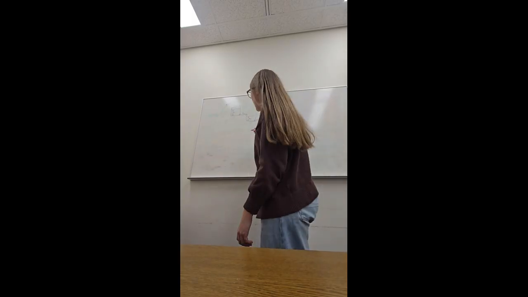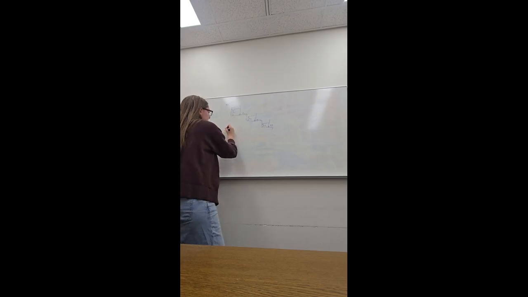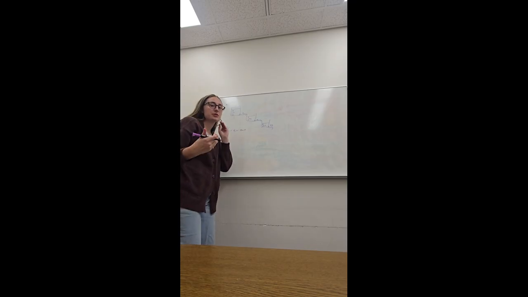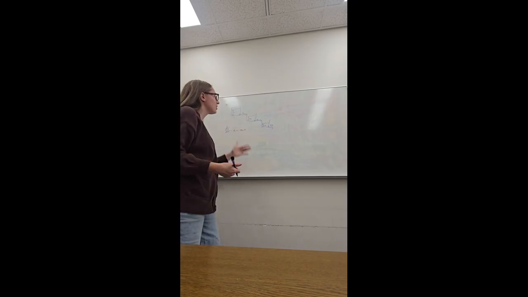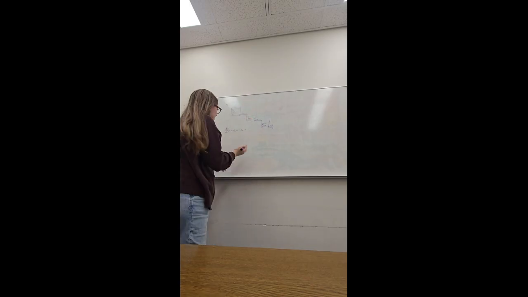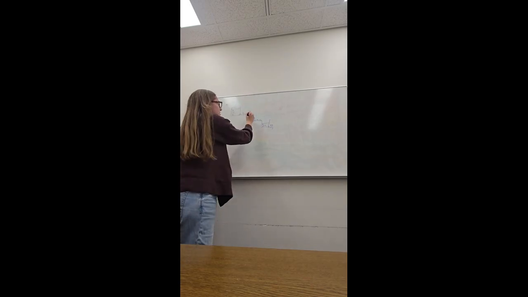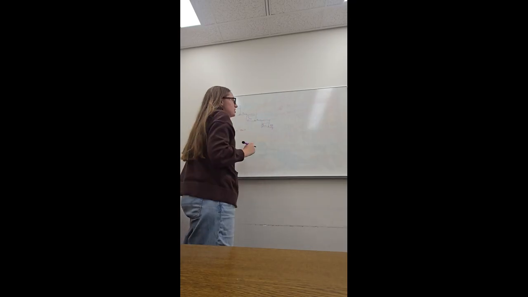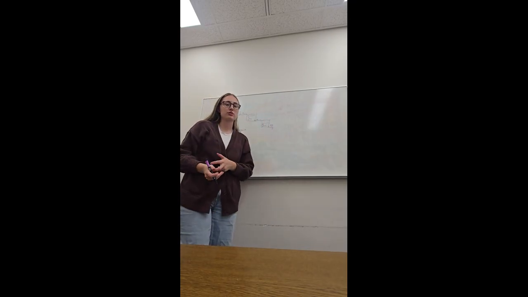So pretty much we have dV/dt, so our volume over time, equals Q in minus Q out, right? So our volume can be represented as our cross-sectional area times our height, right? So one thing that we know about this problem is with each of these tanks, none of their cross-sectional area is changing.